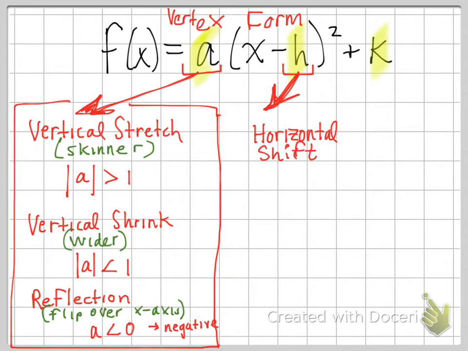And what you should have noticed in your exploration from class when you were graphing, when you added a number inside of the parentheses to x, it actually moved the graph left. So if you had a plus a number, then you're going to shift left, which is kind of the opposite of what you would think. And then if you have minus a number, it's going to shift right.